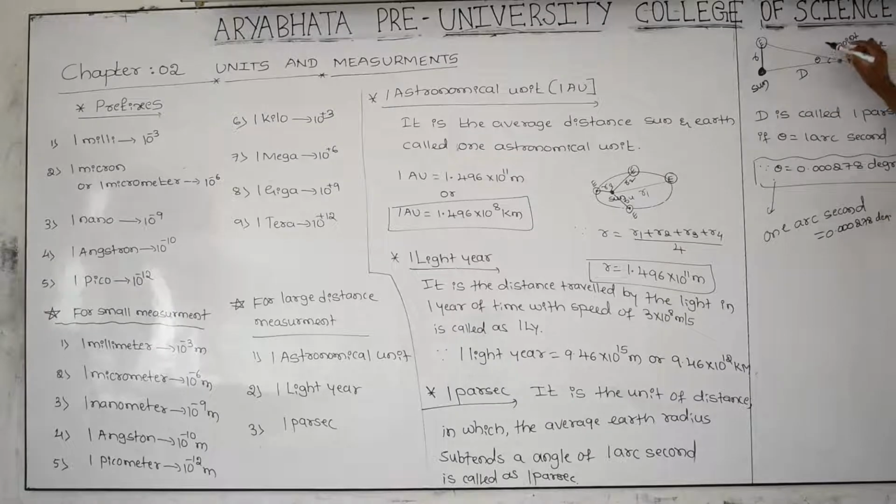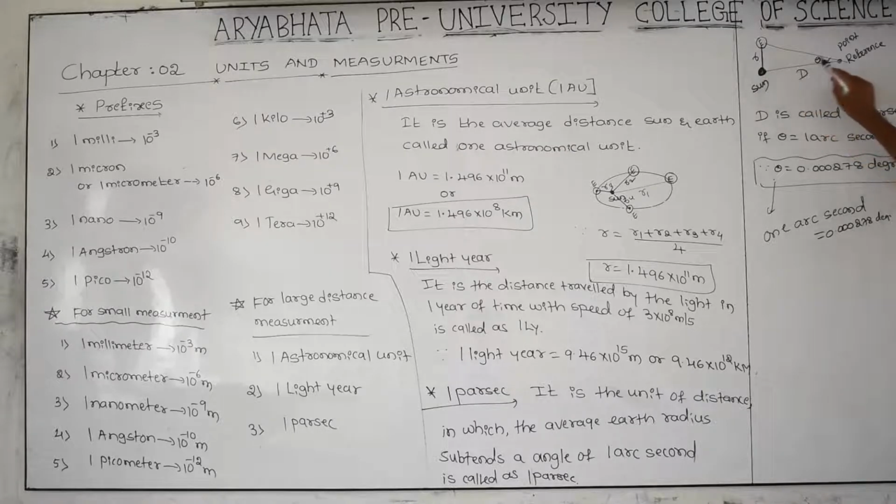If the angle between these two lines, this theta, is equal to 0.00278 degree, this much degree we call 1 arc second. This much angle is called 1 arc second.